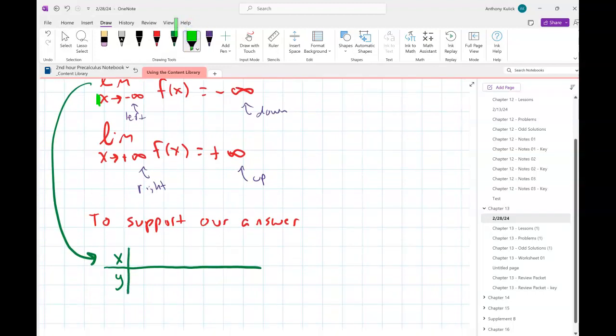And if I look, are my x's getting bigger or smaller here? Smaller, because we're going to negative infinity, right? So I'm just going to start, say, negative 10, negative 100, negative 1,000.